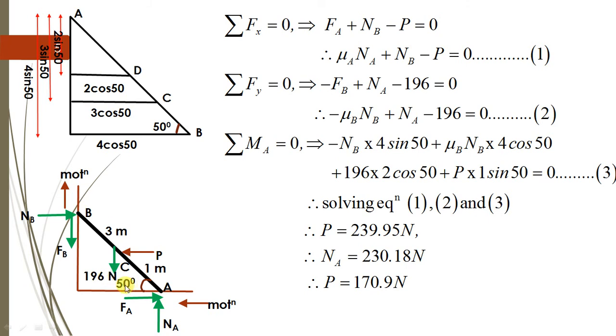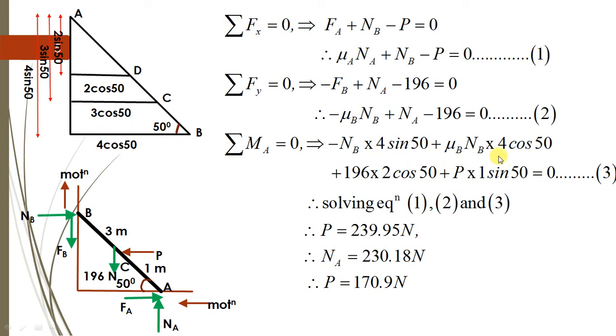By using trigonometry, we are able to find the horizontal and vertical distances. So NB into 4 sine of 50. Then next is FB, which is nothing but mu B into NB. The perpendicular distance between point A and FB is the horizontal distance, 4 cos of 50.